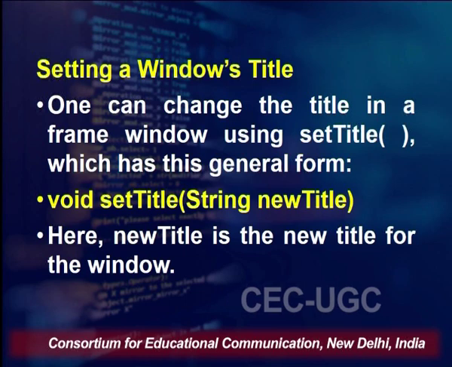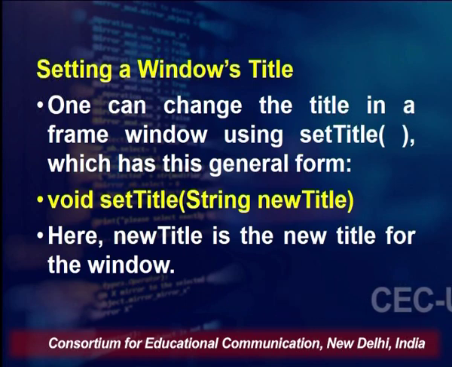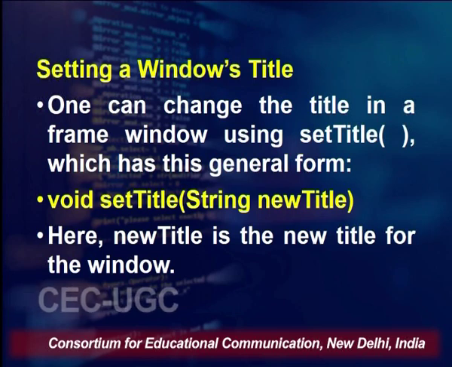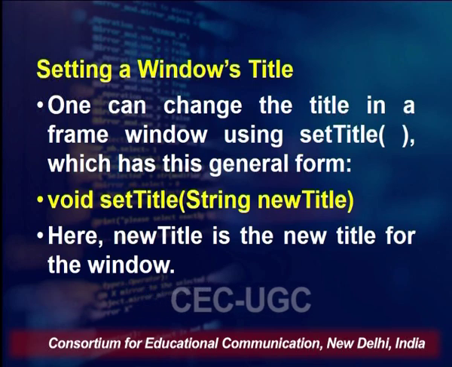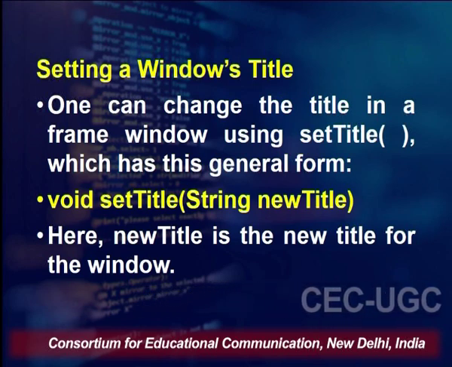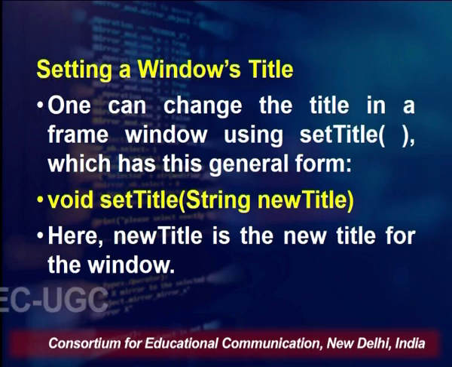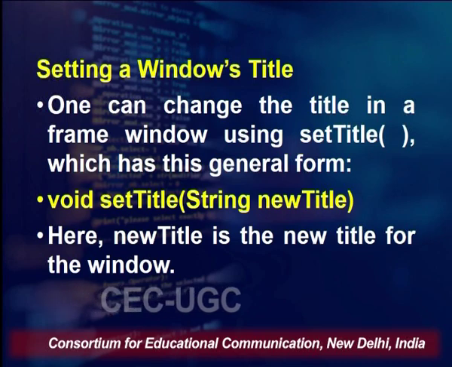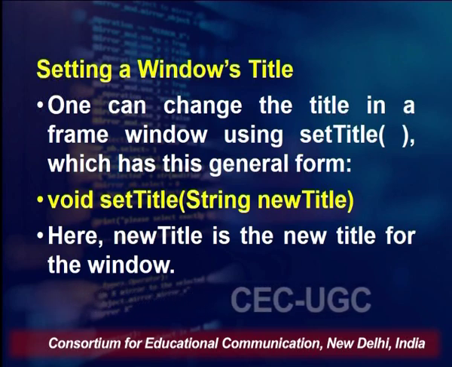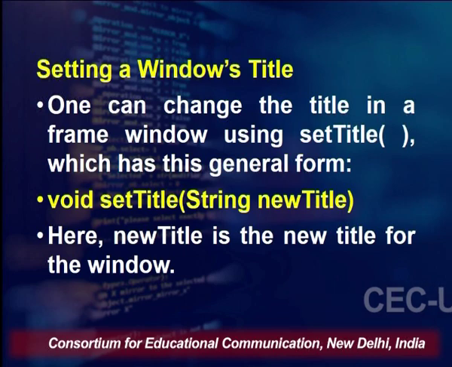So, one can change the title in the frame window using the method setTitle, and the general form is very obvious: void setTitle, with a String which is going to be the new title.